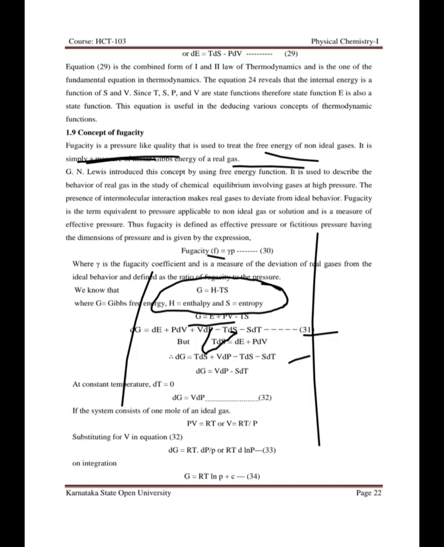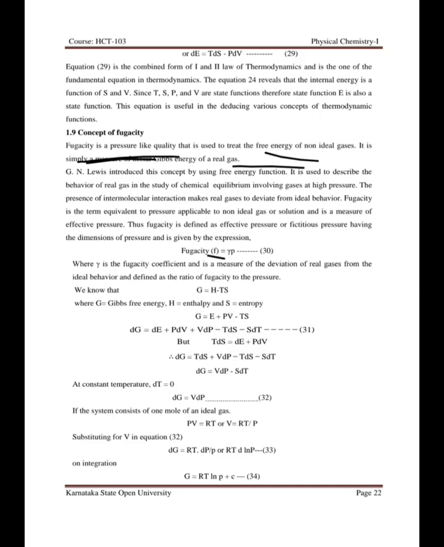Further, it can be written as delta G is equal to VdP minus SdT. Wherever delta E plus PdV is there, we are going to denote it as T delta S, plus VdP minus T delta S minus S delta T. Where we are keeping the temperature constant, dT will be 0.